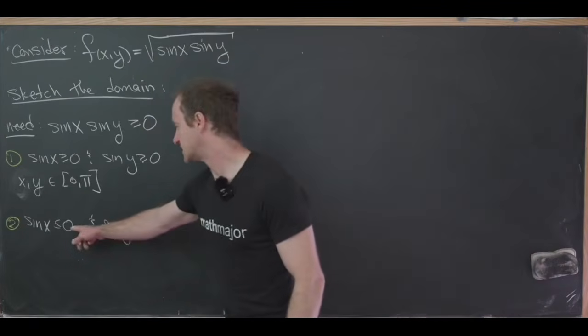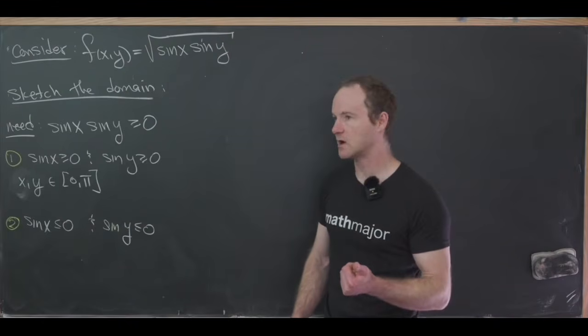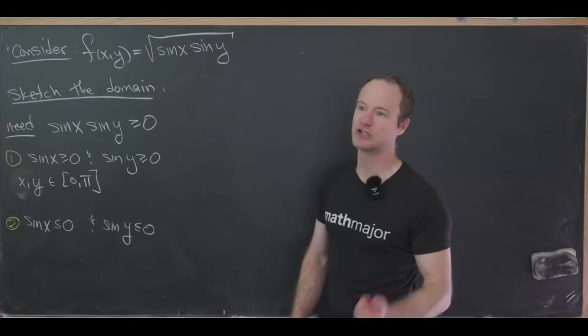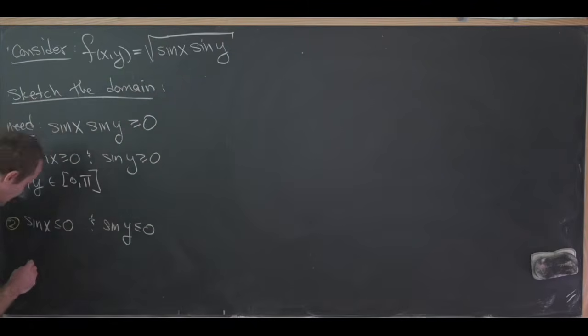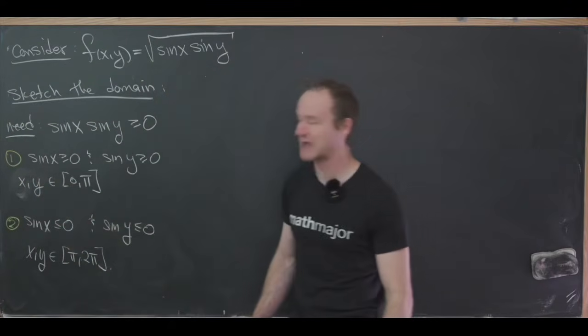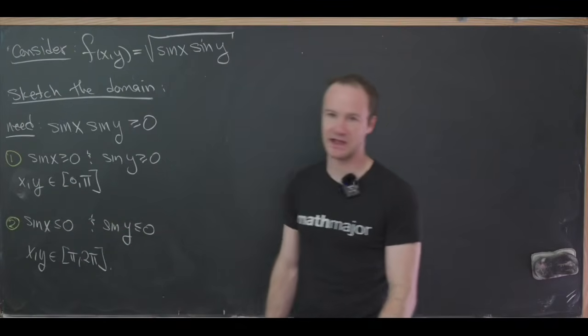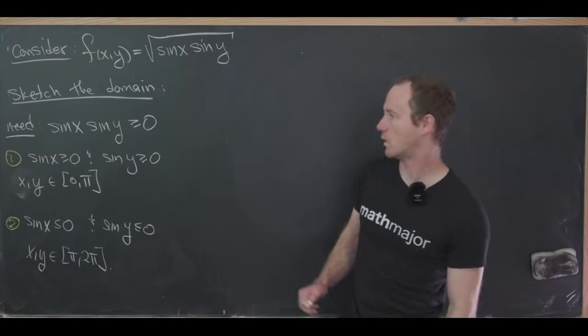And then what is this? So when are they both negative? Well, that's going to be when they are between pi and 2 pi. So this would be x and y are between pi and 2 pi. Okay. This was not or, but and. So x and y are between 0 and pi. X and y are between pi and 2 pi. You can't have one in one and one in the other.